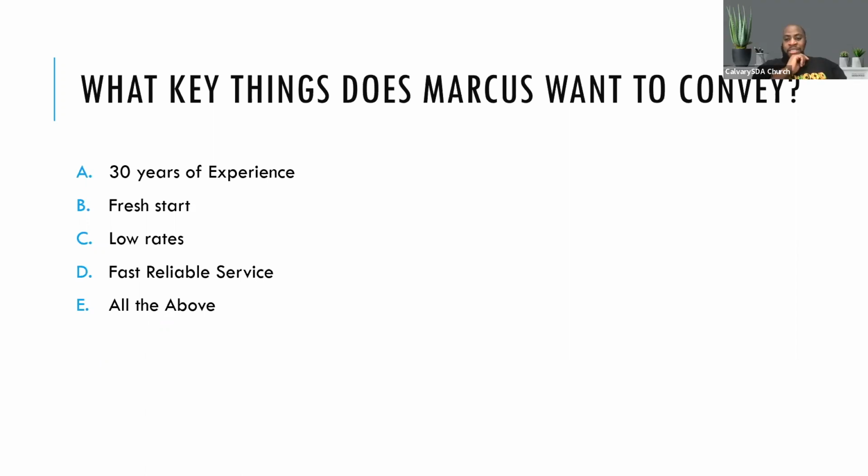I think we've got a hand from Sister Ruby. Go ahead, chime in. All of the above, so that'll be E, okay. Robert says E. I can't remember if Sister McLean had said anything about rates, so can I change to A, B, and D? Okay, sure. A, B, and D, okay.